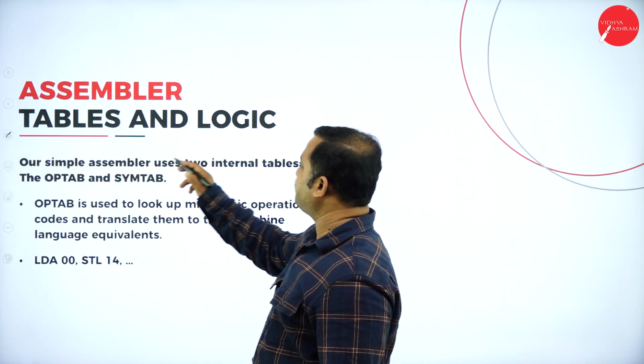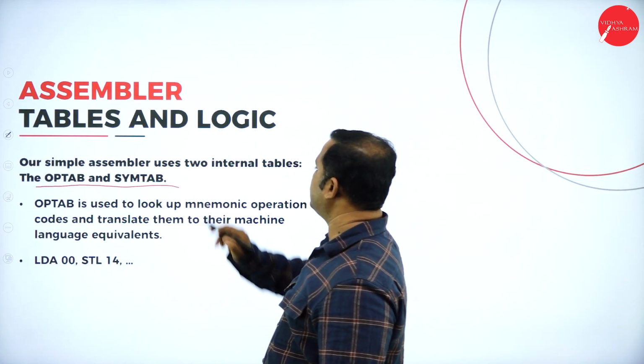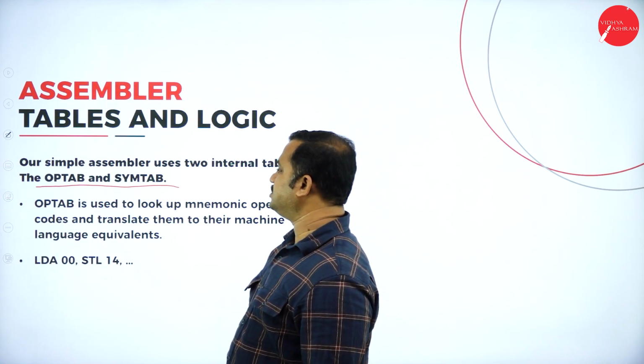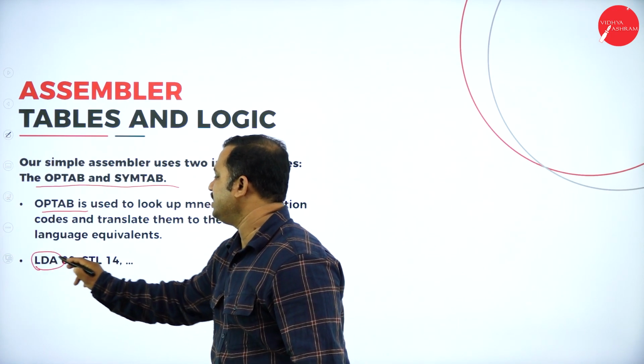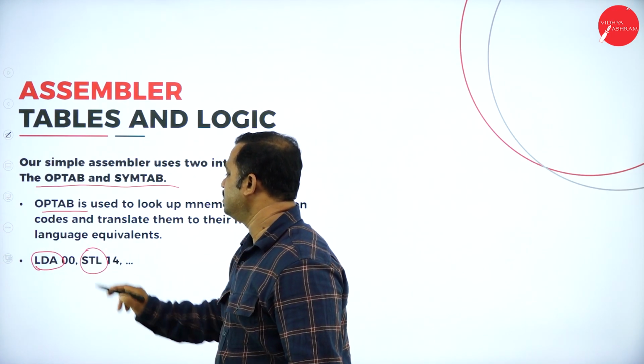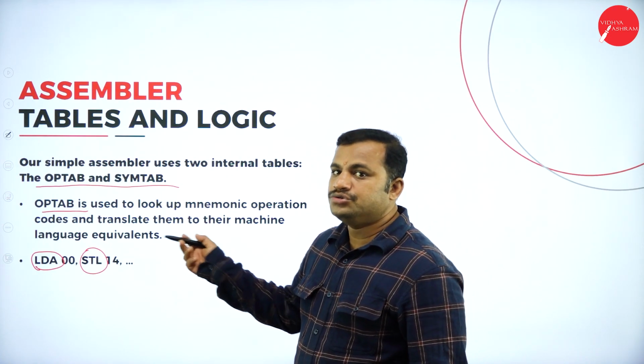Next, the simple assembler uses two internal data structure tables called OPTAB and SYMTAB. OPTAB contains information like LDA, STL, and all those opcodes which we have used in our program.